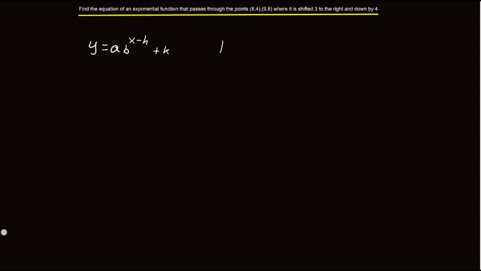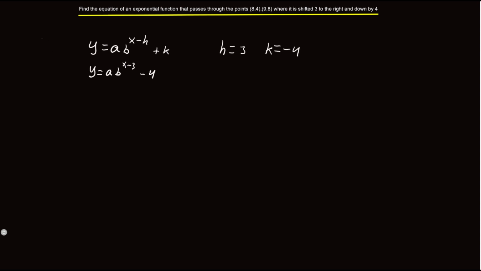And as we see, h is 3 and k is -4 since it is shifted downwards. So we will go ahead and use this equation where we have y is equal to a times b to the power of x minus 3, minus 4.